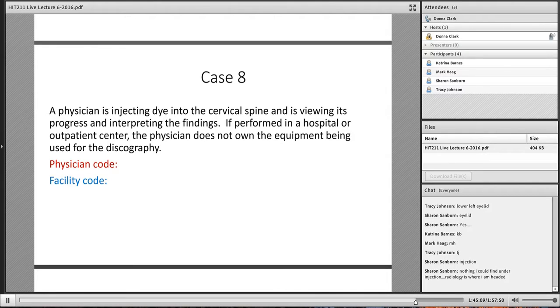Oh no, this is a physician injecting dye into the cervical spine. So that's not radiology. So we're gonna go to injection.